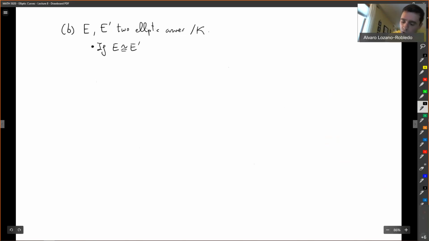If E and E prime are isomorphic, then we can put them both in Weierstrass models.